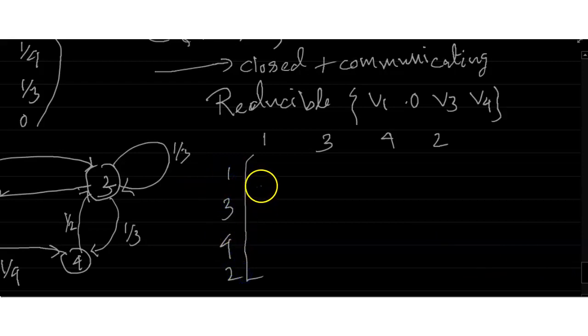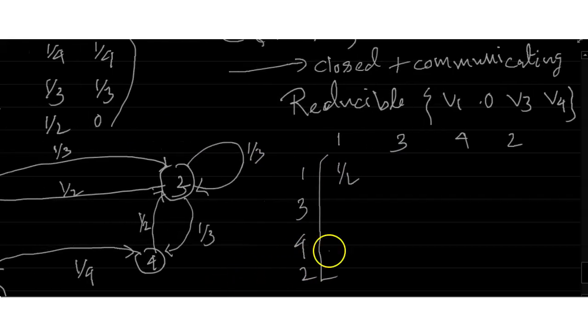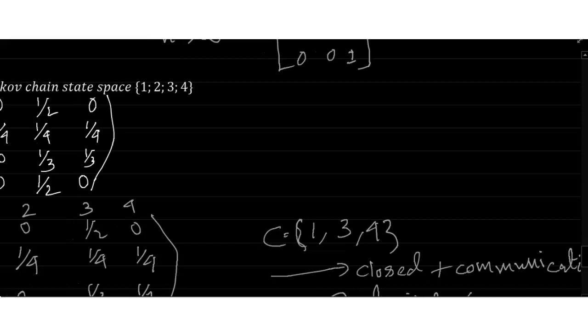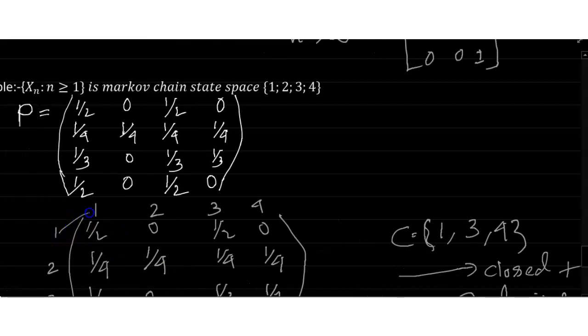In case of 1, 1, 1 is equal to 1 by 2, look at this matrix. 1, 1 is equal to 1 by 2, 1, 3 is equal to 1 by 2.